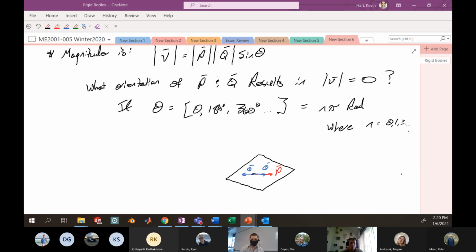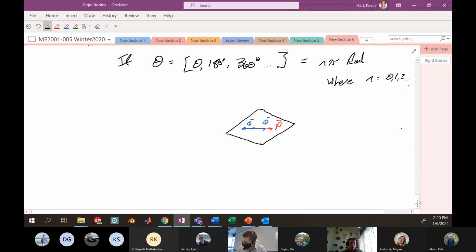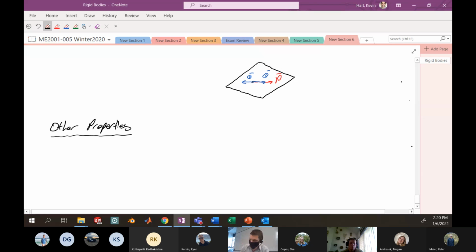All right, let's talk about some of the properties of these vector products. Okay, very important here. Vector products are not commutative.